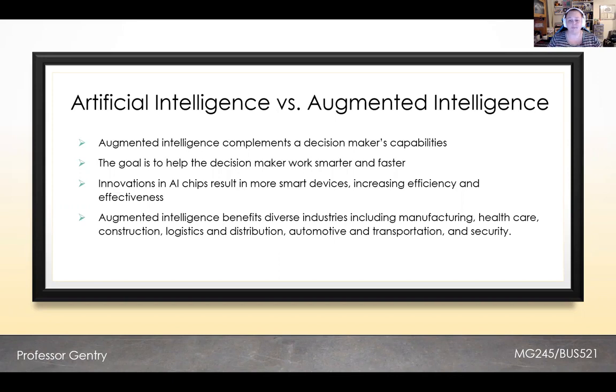Again, not replacing them. Smart devices with AI chips are being developed. These devices can be robots, cameras, even medical devices with increased efficiency and effectiveness. In this way, augmented intelligence can help many different industries, including manufacturing and healthcare, construction, logistics, transportation, and even security.